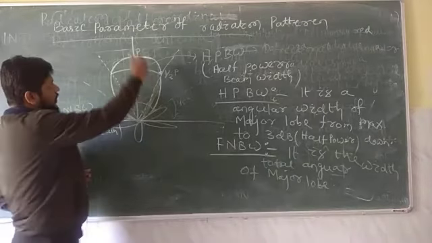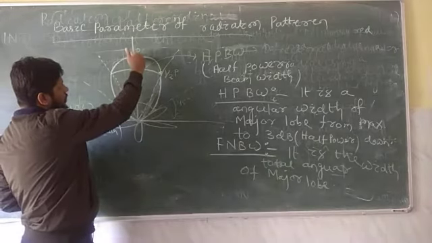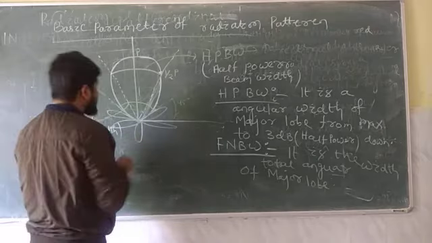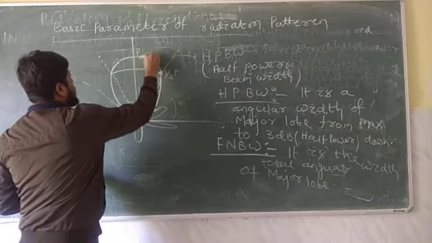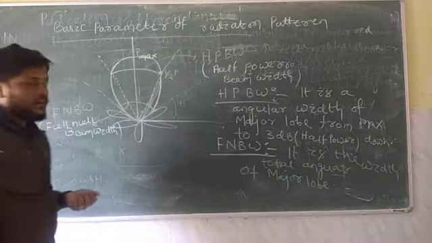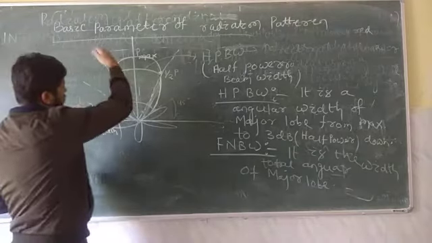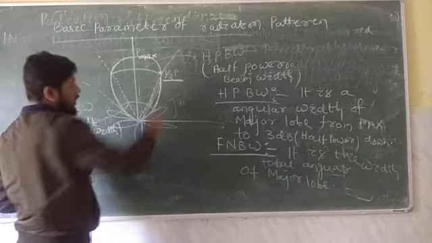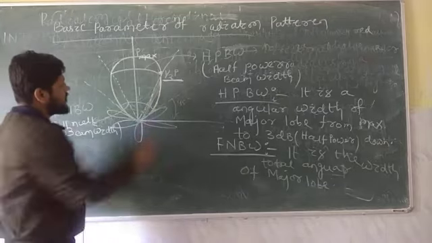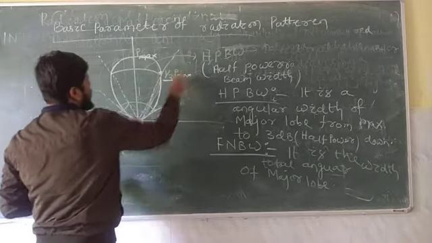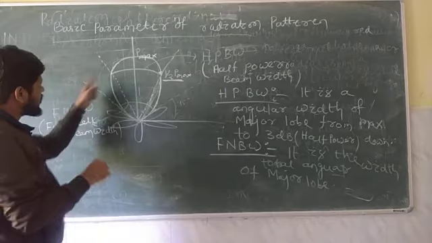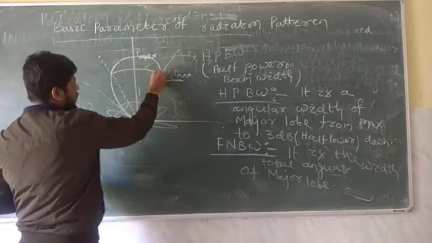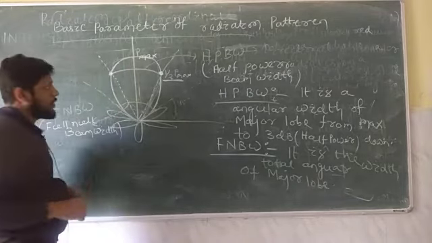For example, we measure the power, and the power is maximum at this point. We should draw the line in such a way that the power is half of the maximum power, and on both sides we can find such a point. Here we can find a point and here we can find a point.